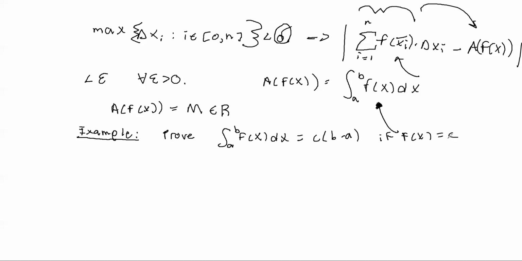So what we can do is, again, let x sub 0 to x sub n be a partition from a to b.